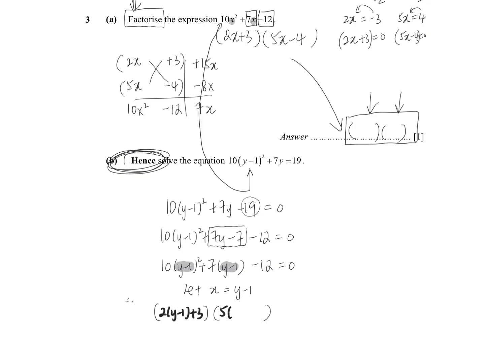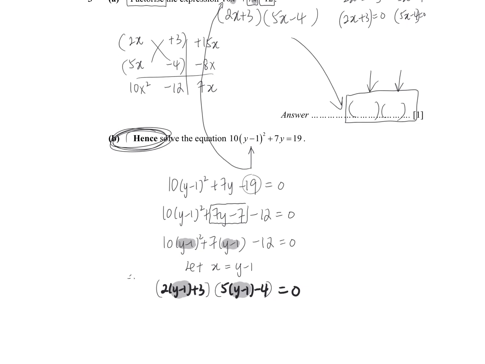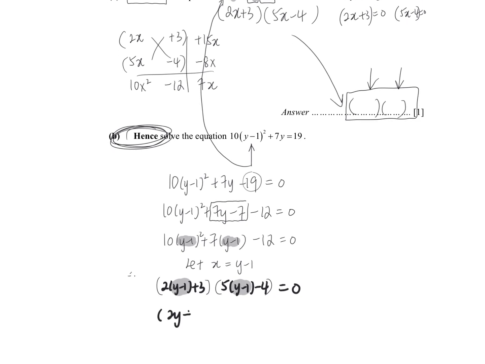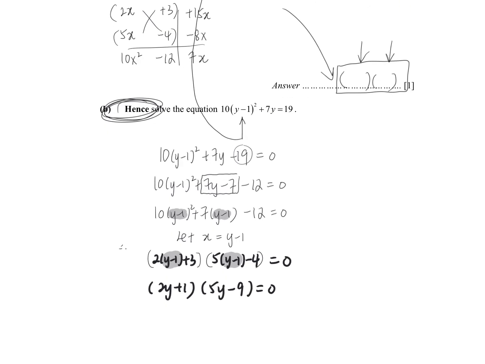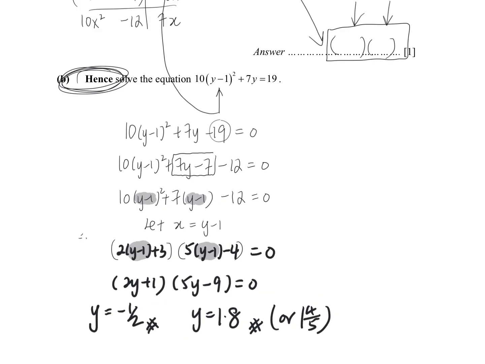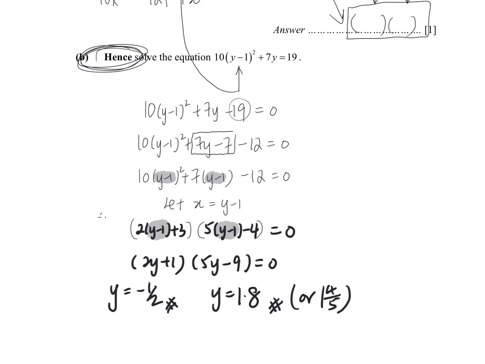Instead of 5x minus 4, now it is this. So these are the two factors that I need to solve. So this is 2y plus 1. So my two solutions are y equals negative half or y equals 1.8, or 1/4/5. So this is by substitution, but you need to link it back to part A.